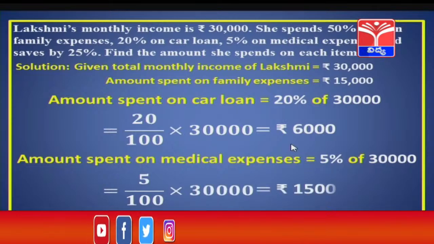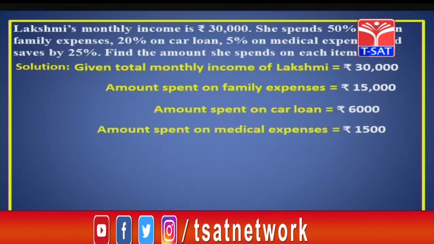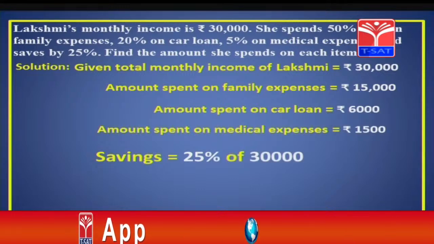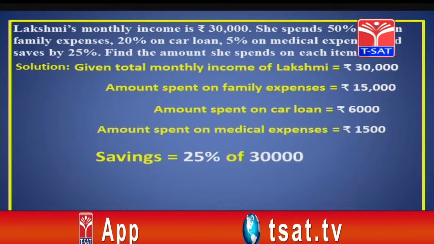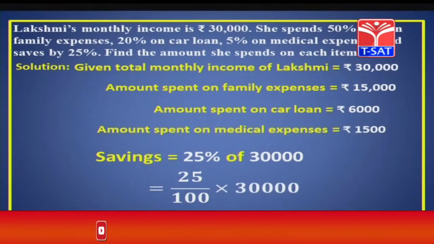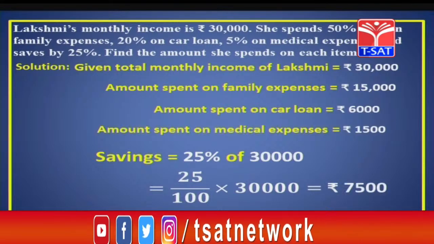Again on simplification you get this as 1,500 rupees. Finally, we will take a look at her savings, that is 25% of her salary, that is 25% of 30,000, which is 25 by 100 into 30,000. On simplifying you get 7,500.